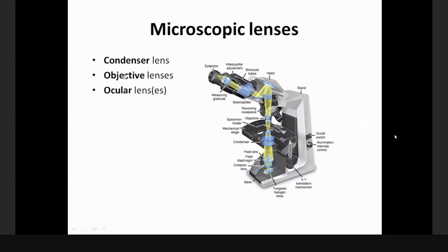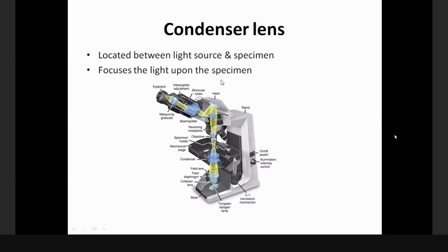One type of lens is named the condenser lens. The second one is named the objective lens. The third group of lenses is named the ocular lens. What the condenser lens does is focus the light generated from the light source onto the specimen.